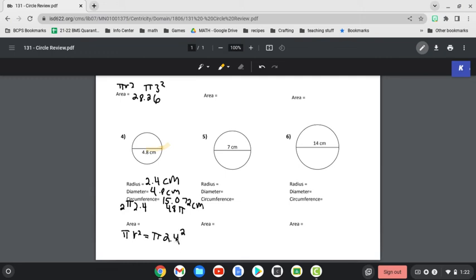So order of operations says I do 2.4 squared first. When I square that, I get 5.76. Then I multiply that by pi, and I'm going to use 3.14. So my area is 18.0864. I'm going to round that to 18.1 centimeters squared. Oh gosh, that handwriting is pretty adorable.